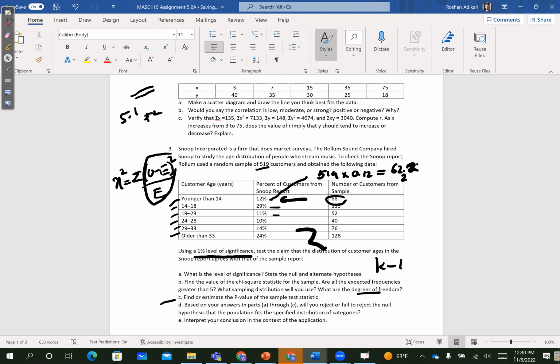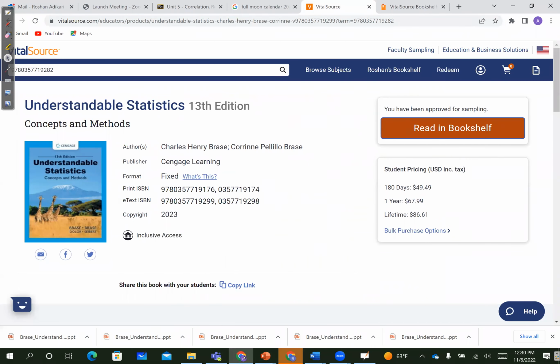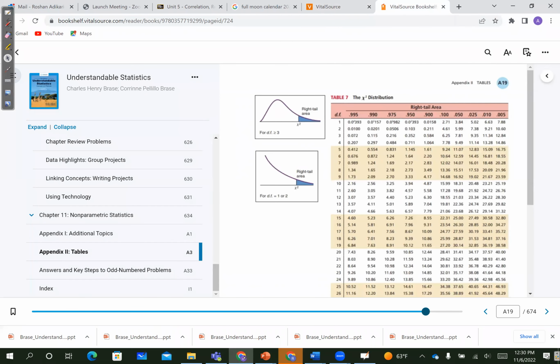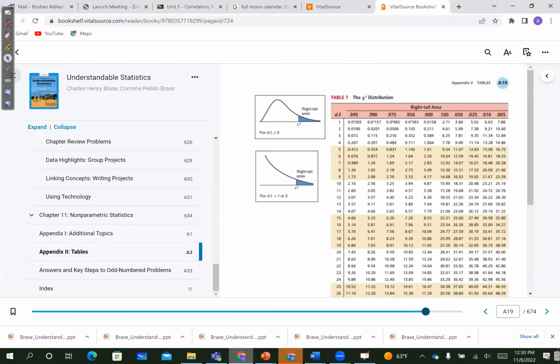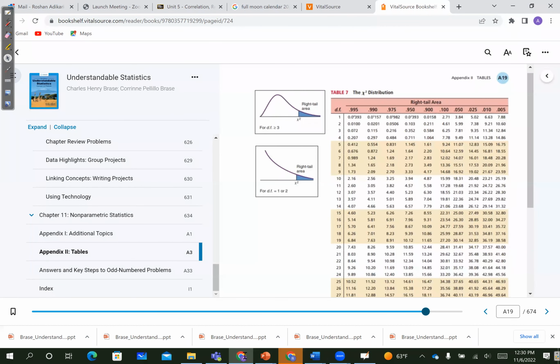Now for this one you need table 7. Table 7 is in your book, right here. Now for example, your degree of freedom is pretty easy, because you have 6 categories, so k minus 1 is 5. In your table, look at degree of freedom 5, see where the cursor is, and look at these values.